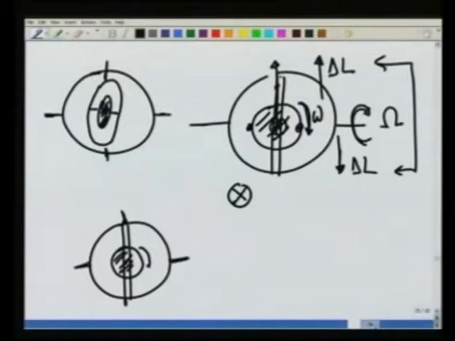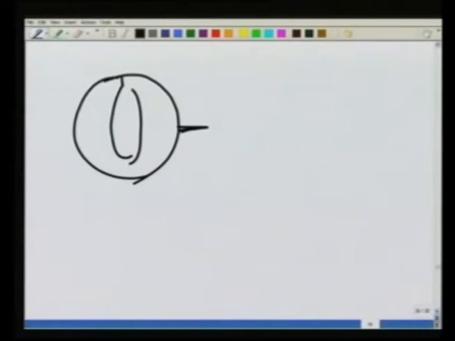make it quantitative. To make it quantitative, let me make this outer frame. Let me make the inner frame and let this inner wheel be such that its axis is making an angle theta with this direction, making an angle theta coming out of the plane of the screen.